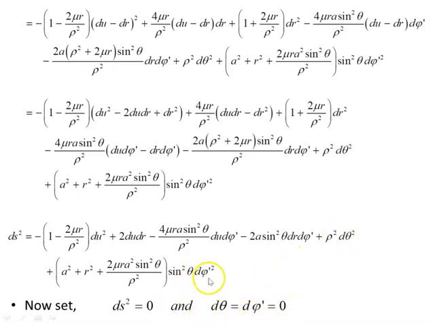We want these straight lines. We don't want any change in the angular direction, in the polar or azimuthal direction, so d theta and d phi dash are 0. For a null particle, for photons, ds squared is 0. That'll go in there.